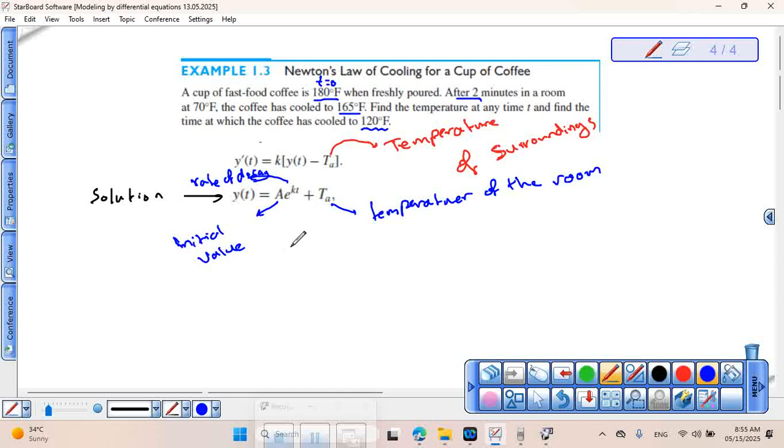How do we find this? We write at the beginning, t equals 0: y at 0 equals A times e to the power k times 0, equals 180 Fahrenheit. This is easy.